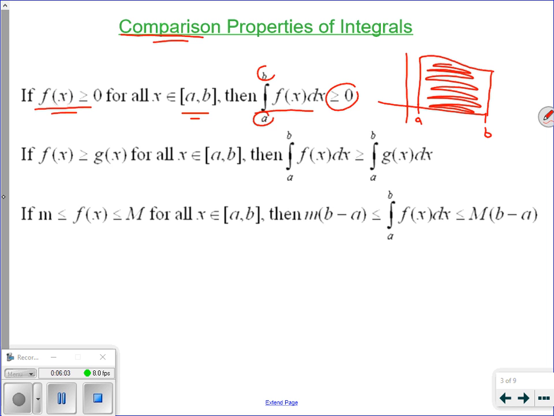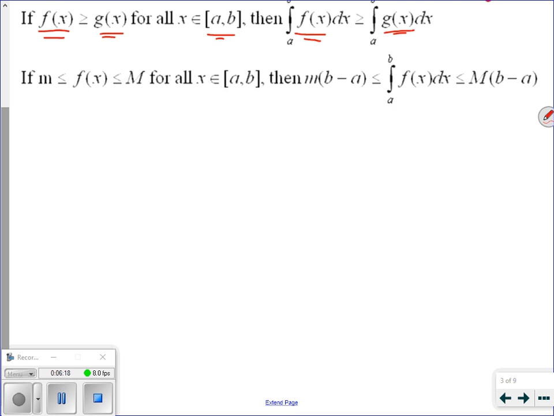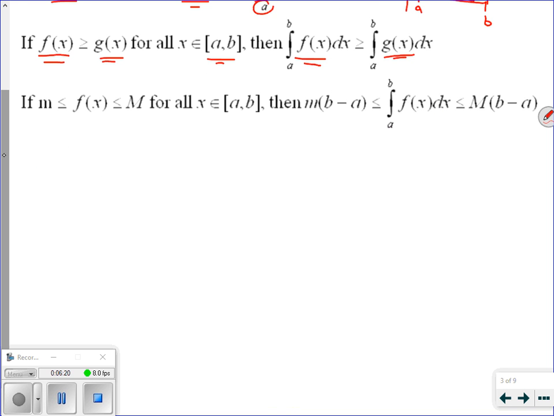What about the next one? If we have a function f that's always greater than or equal to g for every single x on a to b, then wouldn't the area for f be greater than or equal to the area for g on the same interval? Let me draw that out real fast. Let's say here's a, here's b.